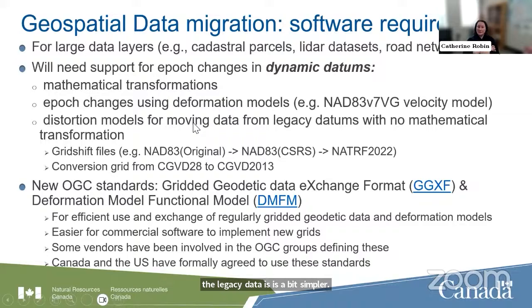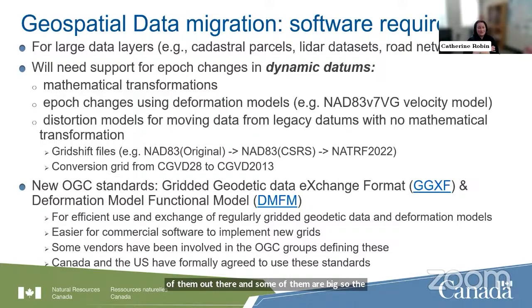Another thing that we've talked about quite a lot is what are going to be the requirements for people to move large and numerous geospatial data layers. Cadastral parcels, LiDAR data sets, road networks, there's a lot of them out there and some of them are big.